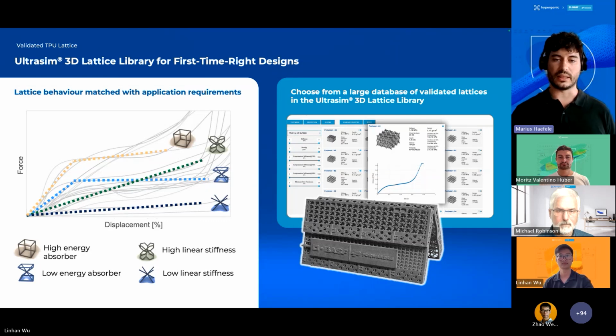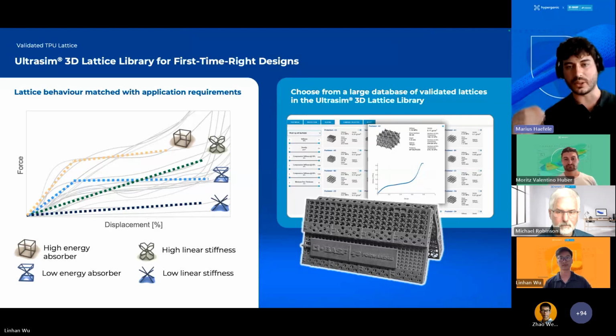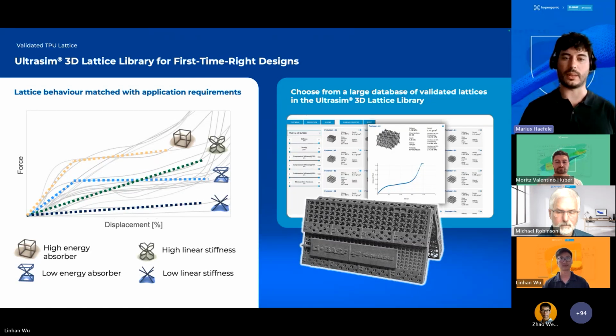What we did is we designed, printed and tested lattice structures, characterized them to understand the behavior, and then built up a material model for our nonlinear TPU, used additional simulation to increase the number of data points, and now matched the behavior of the lattices with the requirements of applications.